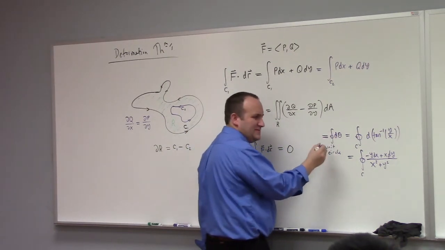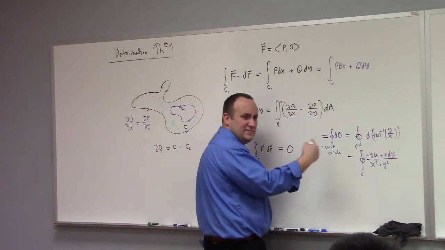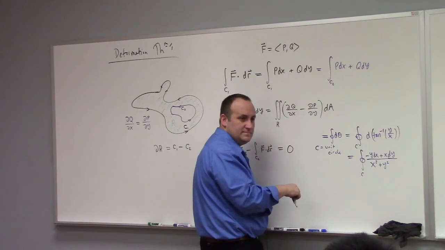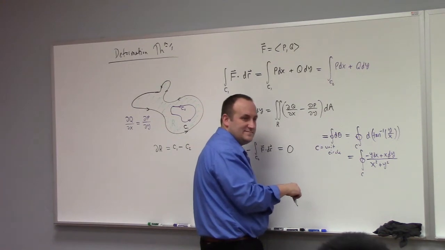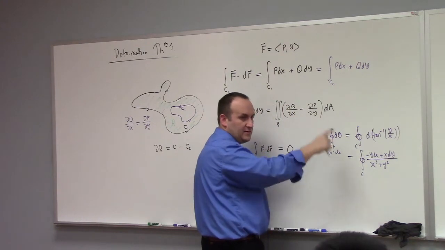What's the integral of d theta over the unit circle? What's the change in standard angle over a unit circle? If you go all the way around a circle, what's the change in standard angle?